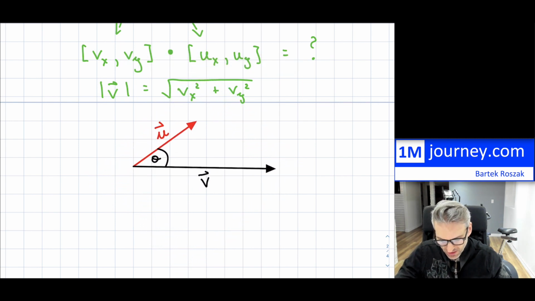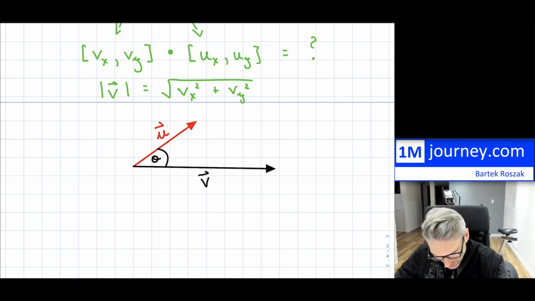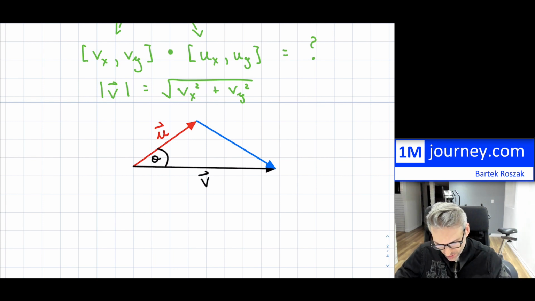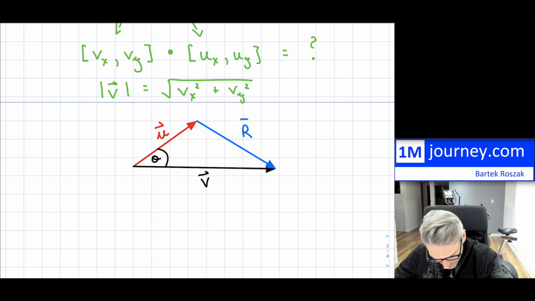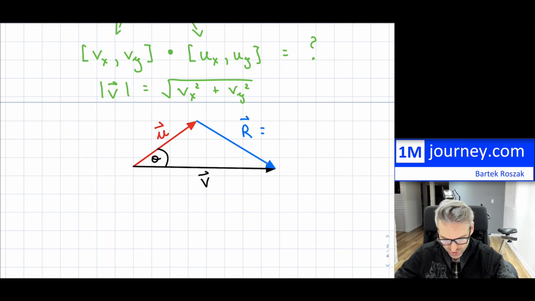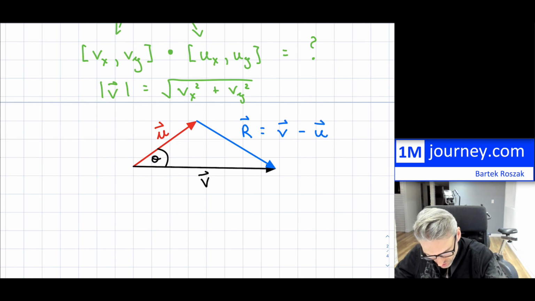So this is going to be V and U. And now I'm going to create a resultant vector in here, right across from my angle, and I'm going to call this the resultant vector. The way that I have drawn this, that resultant vector is actually simply V minus U, the opposite of U. And that shouldn't shock you in any way.